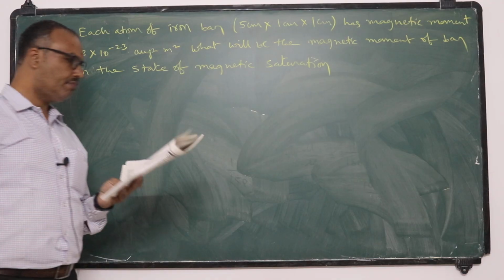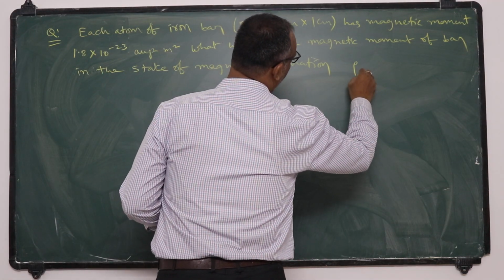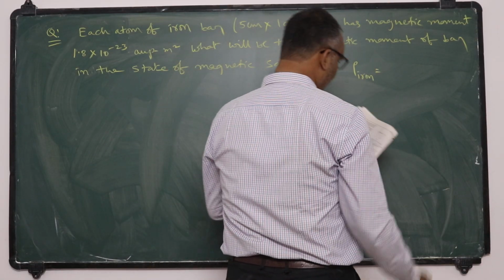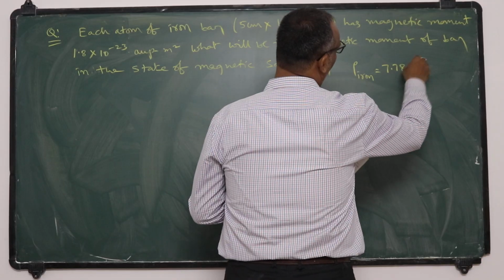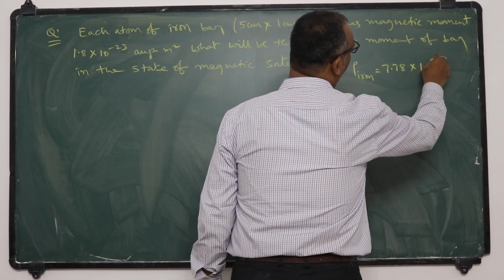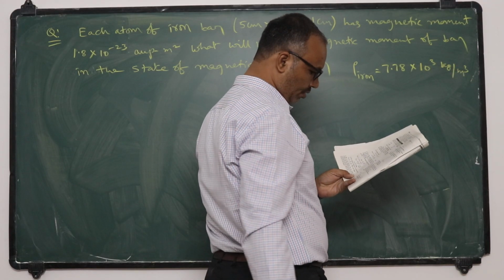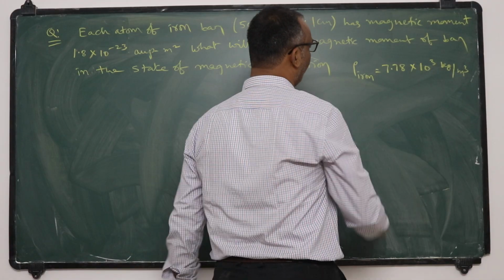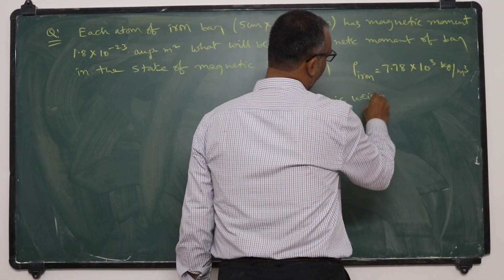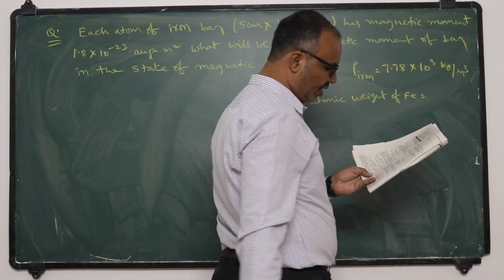So you are given the density of iron as 7.78 into 10 cube kg per meter cube. Atomic weight of iron is 56.